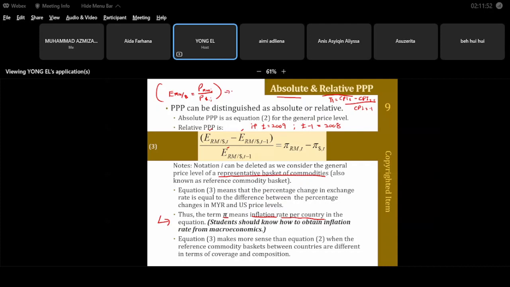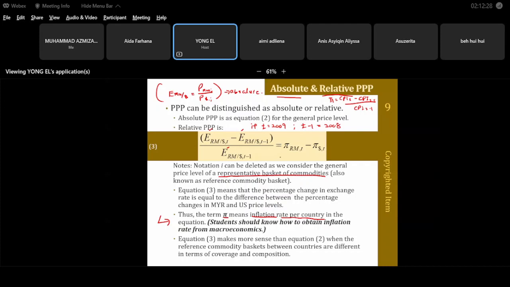This one is absolute PPP, which assumes that the two countries have the same basket of commodities. If we want to be even more precise in our understanding, and we believe that the two countries have different baskets of commodities, then we can use relative PPP.